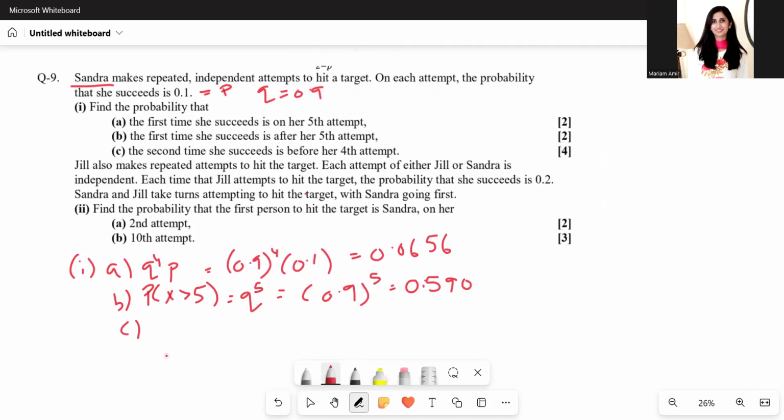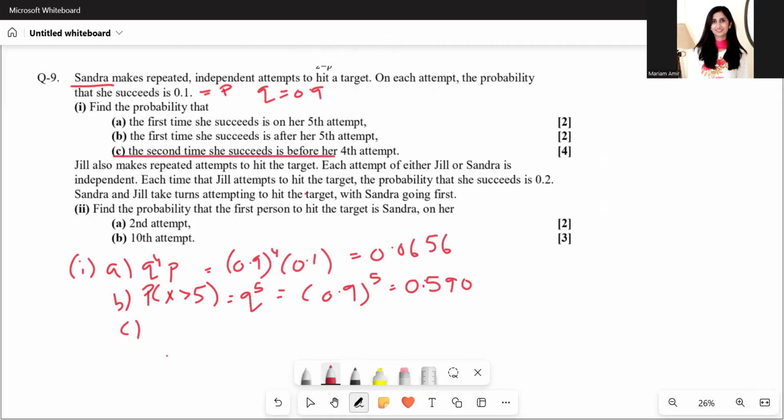The second time she succeeds is before her fourth attempt. Okay, now what does this mean? That could mean that maybe she failed the first time, then she was able to hit the target, and then she succeeds again. So this is one of the cases in which the second time she succeeds is before her fourth attempt.